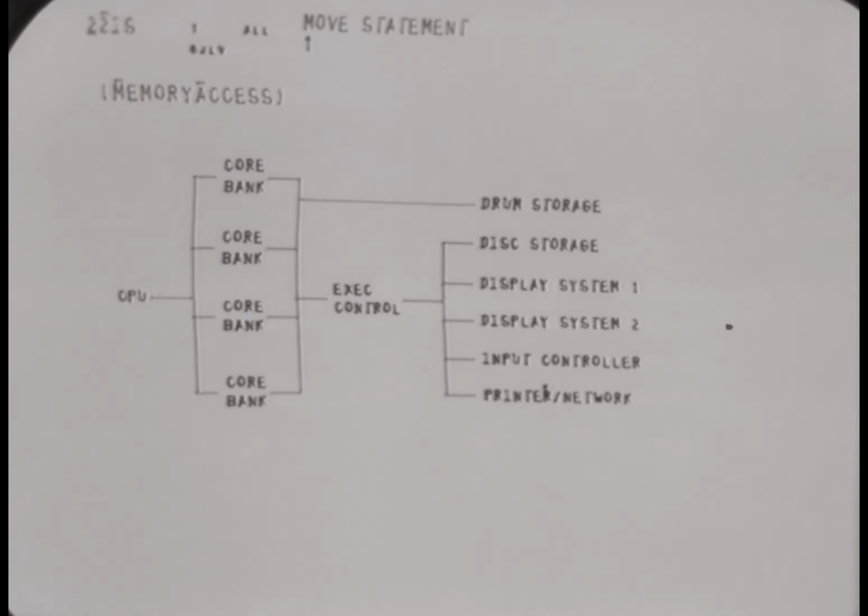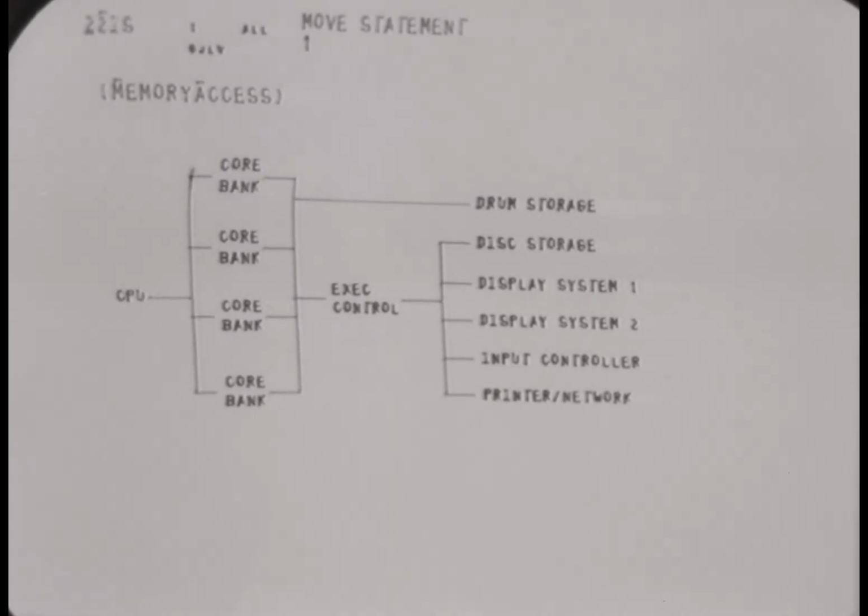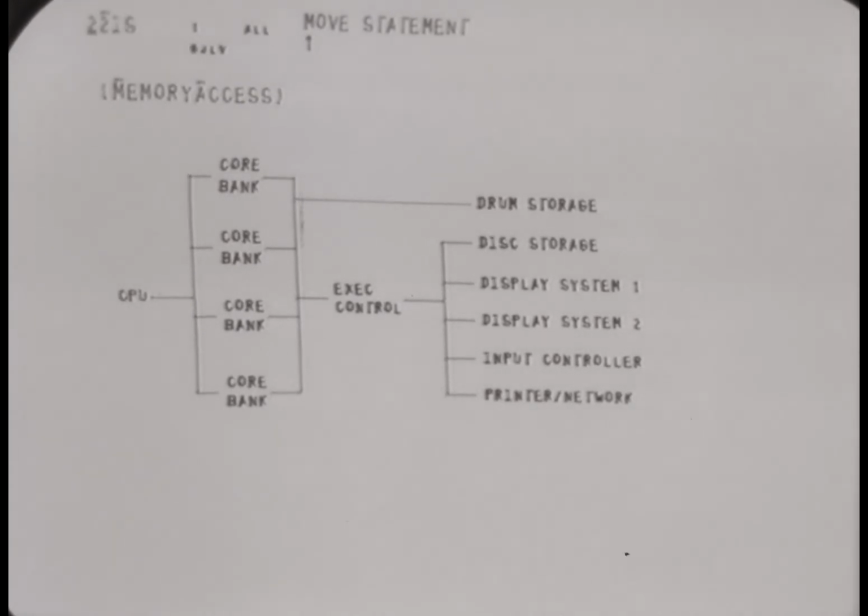Our printer and the ARPA network coupling also all come in through that same priority basis. So they can all be working full tilt, and we find that we get very low interference in CPU cycles being interrupted, something like a ratio of maybe 1 to 1.5% where it can't get access when it wants to, and this might be running 50, 60, 70% of the available memory cycles that it can handle. All right.